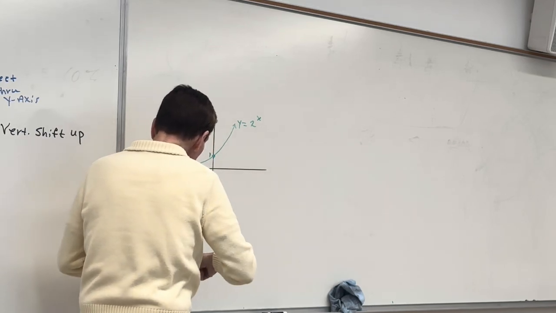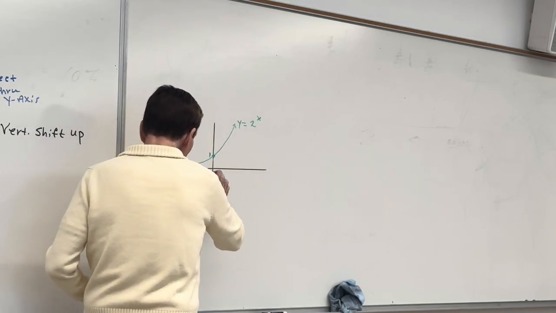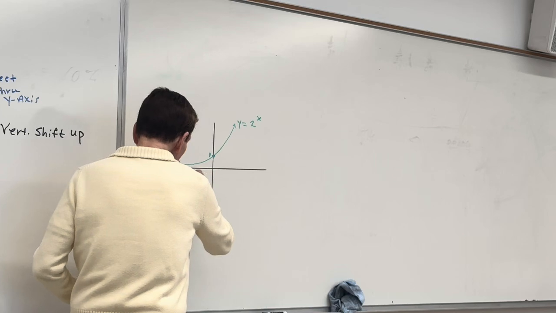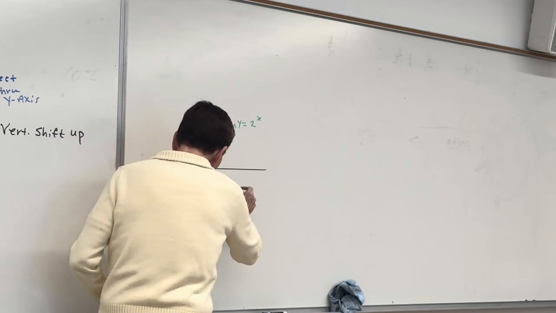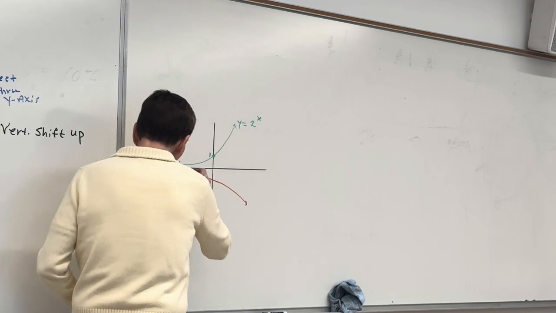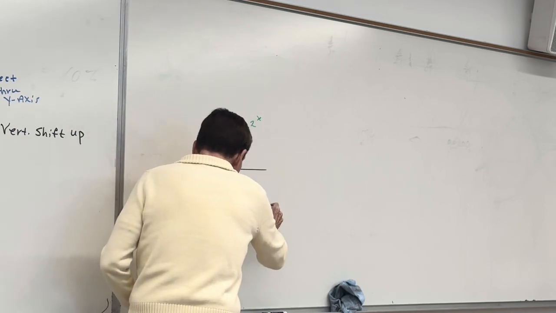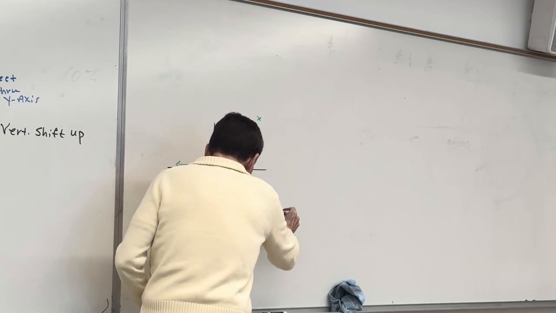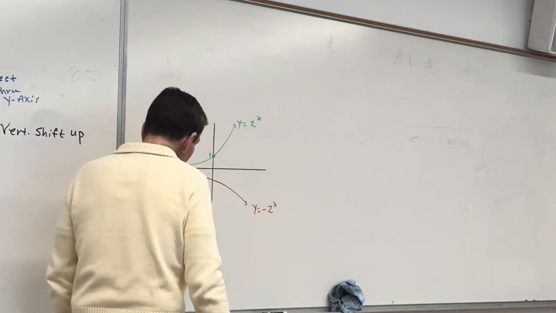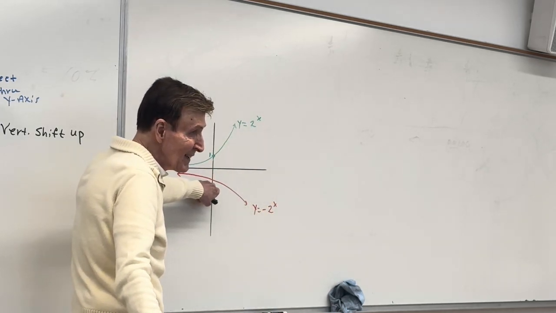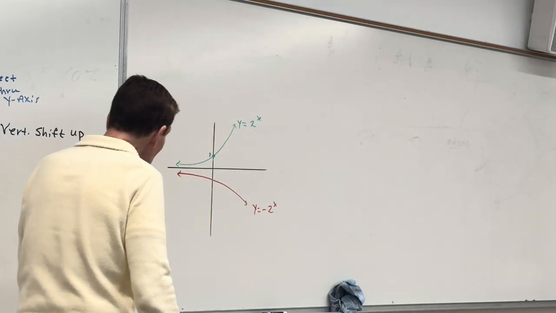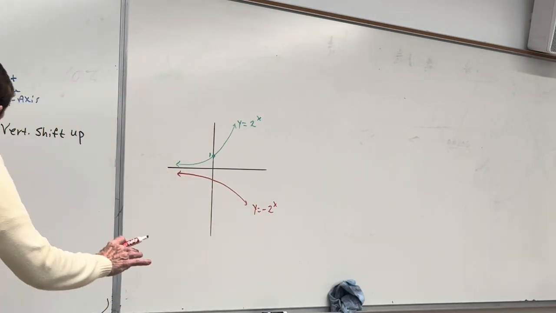Please tell me, is it going to look something like this? Before I put it in. Yes. And let's label this as y is equal to negative 2 raised to the x. That point there should be 0, -1. Thank you.